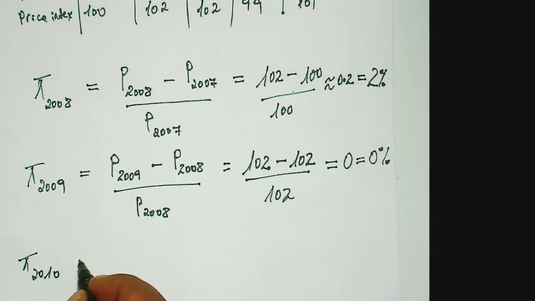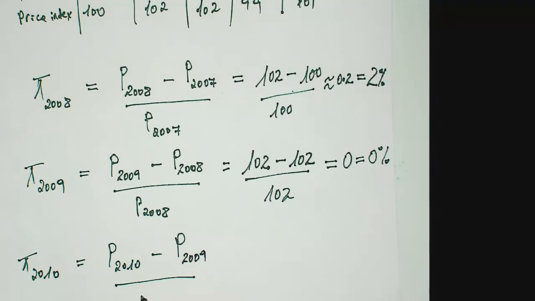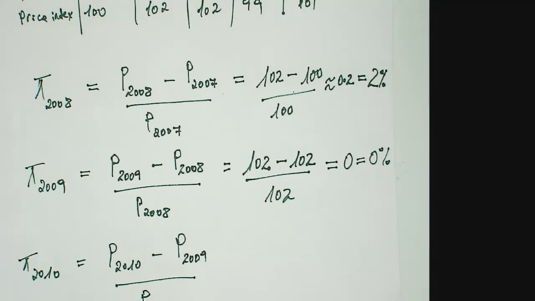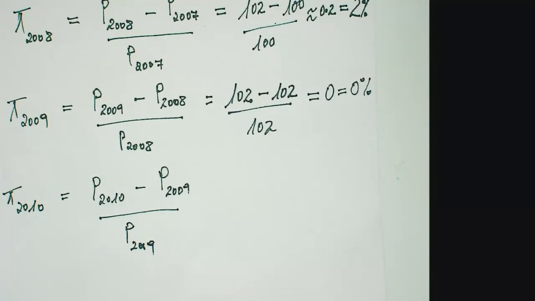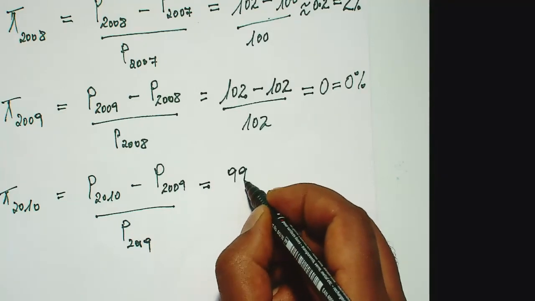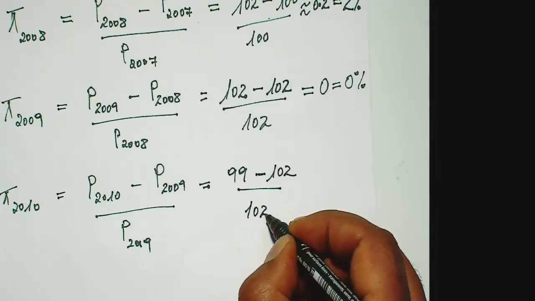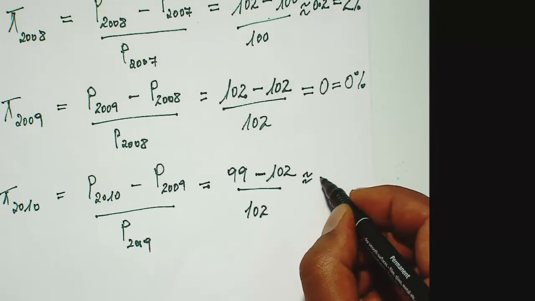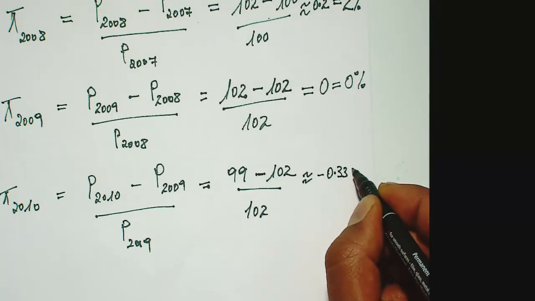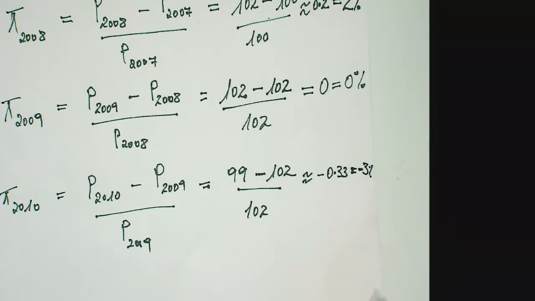Inflation in 2010 can be calculated as price at 2010 minus price at t minus 1, which would be 2009, divided by the price at 2009. Filling out the values from our table, 99 minus 102 divided by 102 is approximately minus 0.03, which would be interpreted as minus 3%.